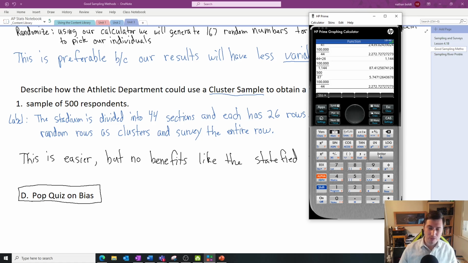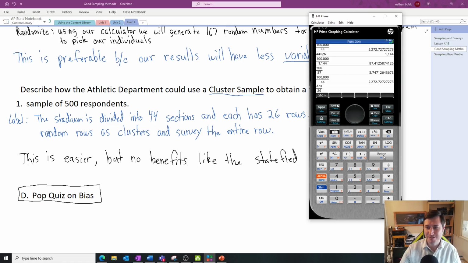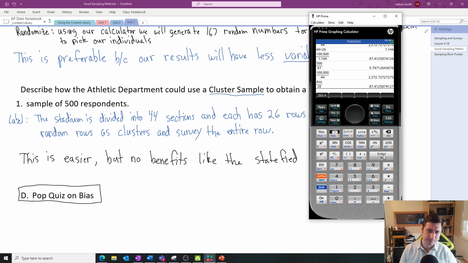Let's suppose the rows go from A all the way to Z. I am kind of making that up. There are 26 letters in the alphabet, right? You're not saying no, so I'm going with it. I'm going to divide by 26 rows. That means there are 87 people in each row, roughly.